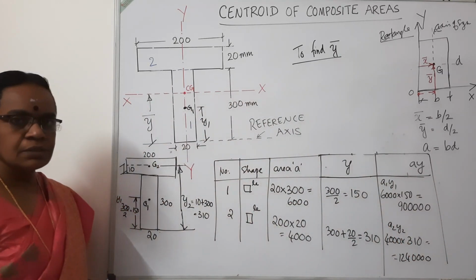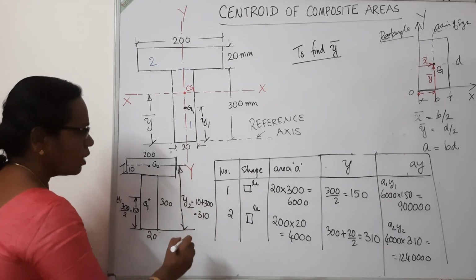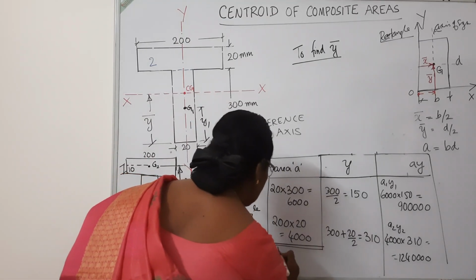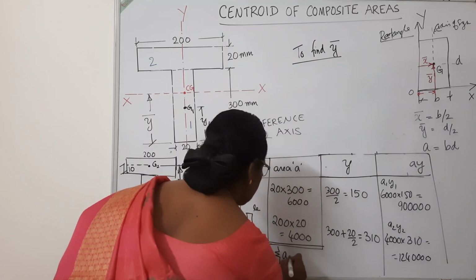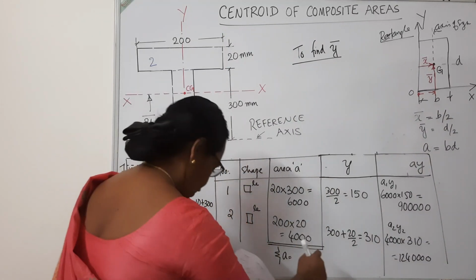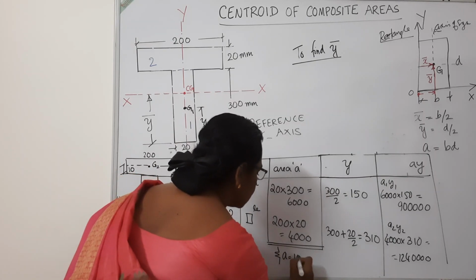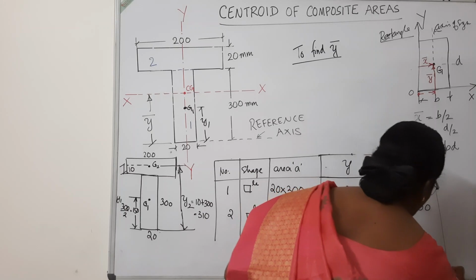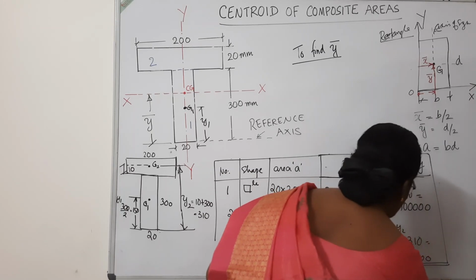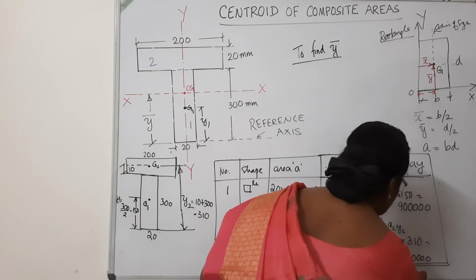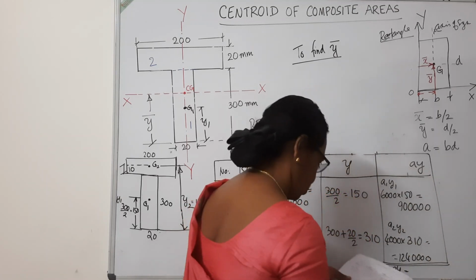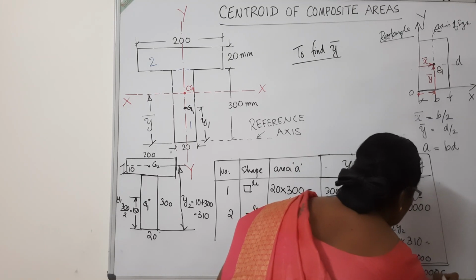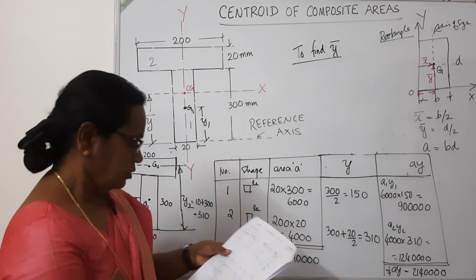So we have got whatever is required for us. Now we can find out sigma A. Sigma A means A1 plus A2, which works out to 10,000. Then find out sigma AY, that means A1 Y1 plus A2 Y2, which gives 214 with 4 zeros.